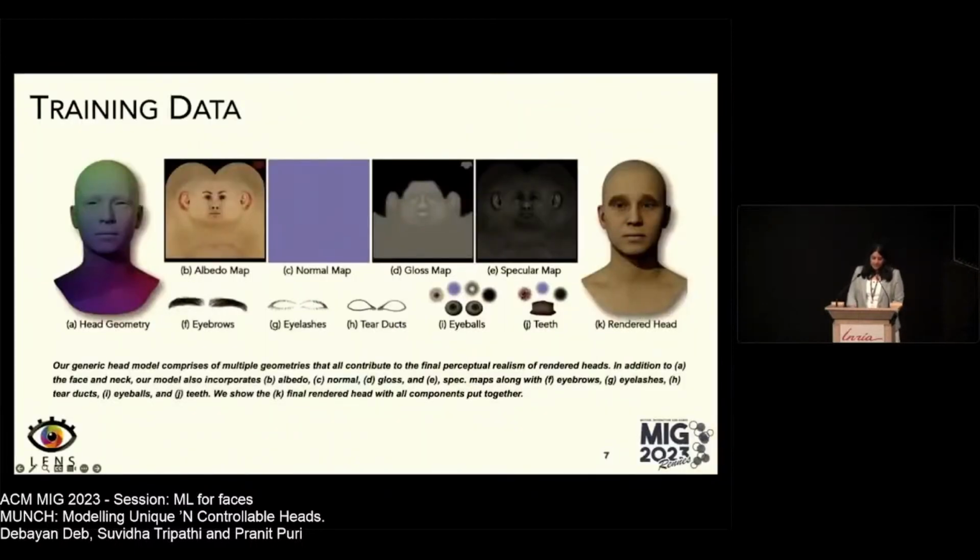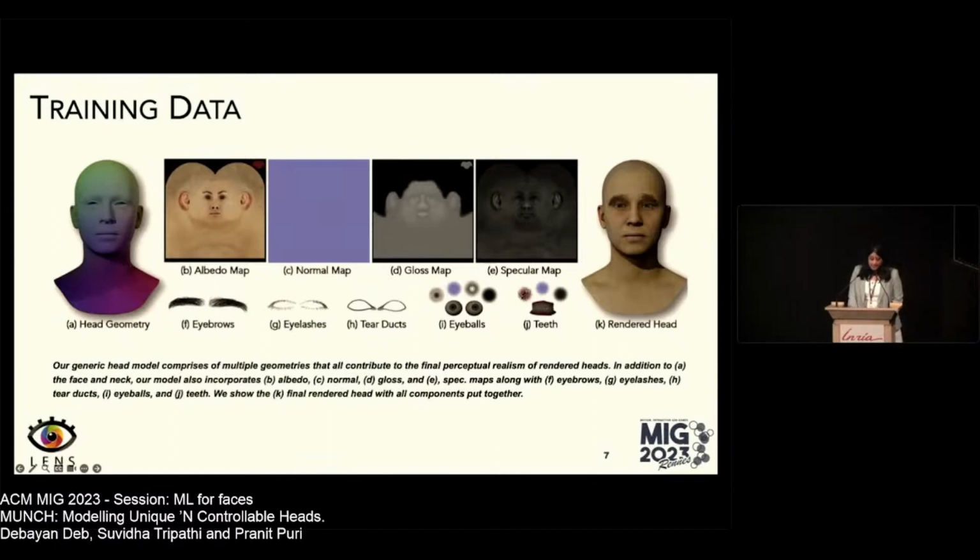Now with the training data, we obtained a training dataset from 3D Scan Store, and we got these assets like head geometry, then albedo maps, normal maps, gloss maps, and specular maps, along with eyebrows, eyelashes, tear ducts, eyeballs, and teeth.